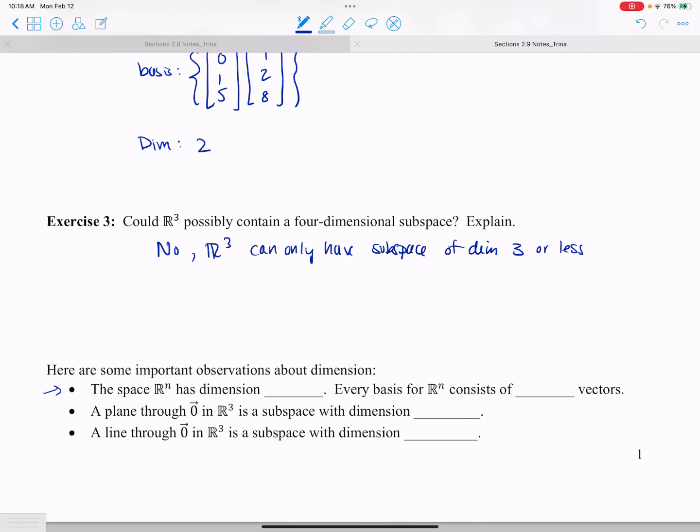The space Rn has dimension n. Every basis for Rn consists of n vectors. A plane through 0 in R3 is a subspace with dimension 2. A plane has 2 dimensions, and a line through the 0 vector in R3 is dimension 1.